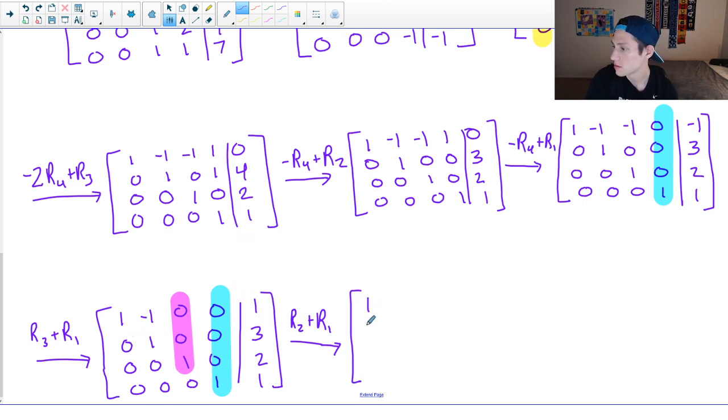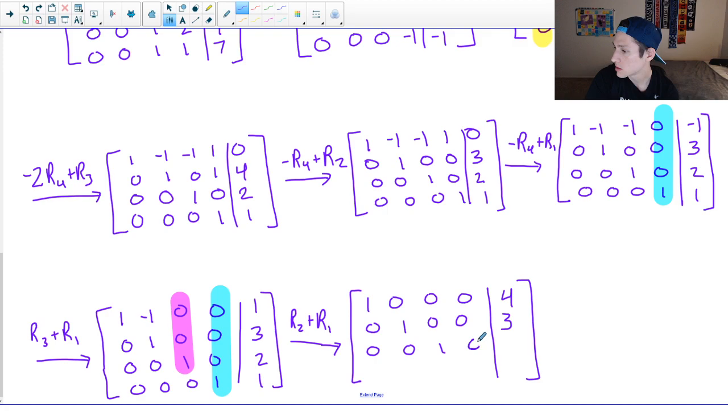0 plus 1, 1. 1 plus negative 1, 0. 0 plus 0, 0 plus 0, 0 and 0. 3 plus 1 would be 4. And then all these other rows will stay the same: 0, 1, 0, 0, 3. 0, 0, 1, 0, 2. 0, 0, 0, 1, 1.